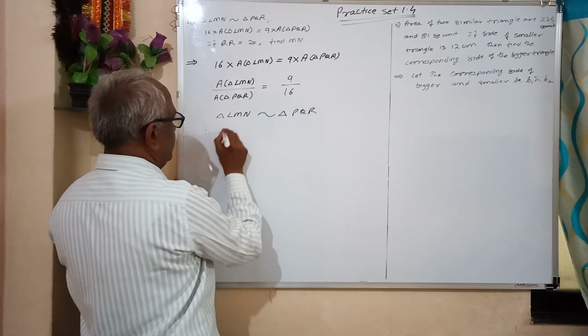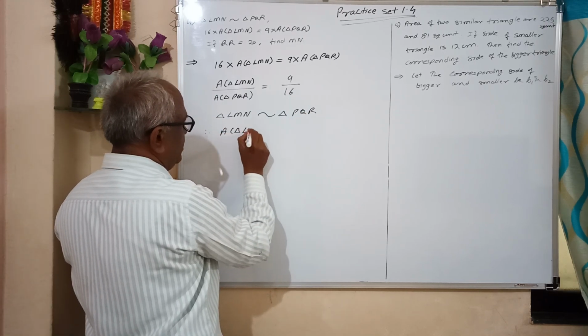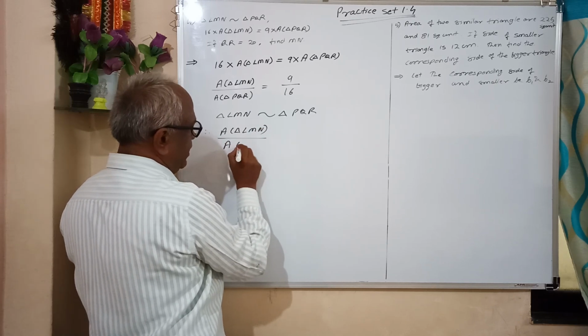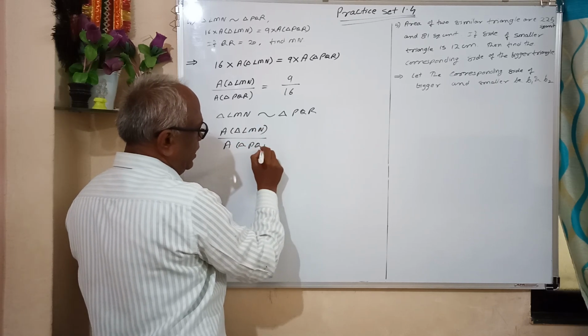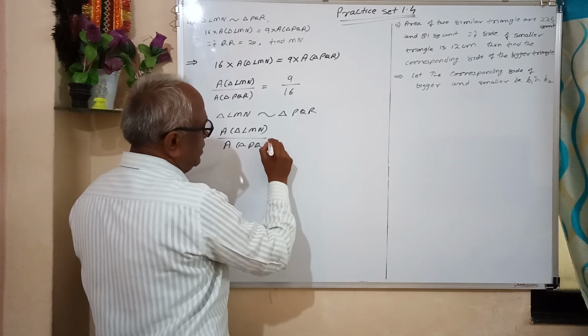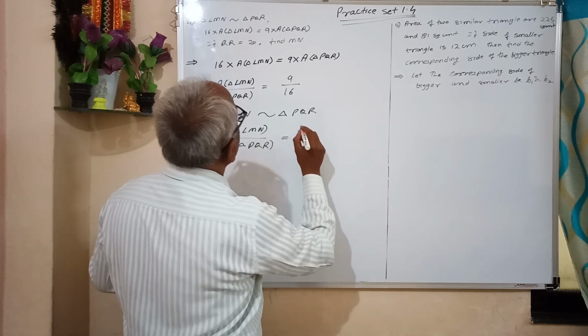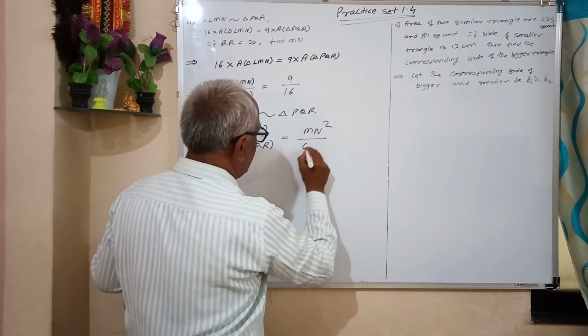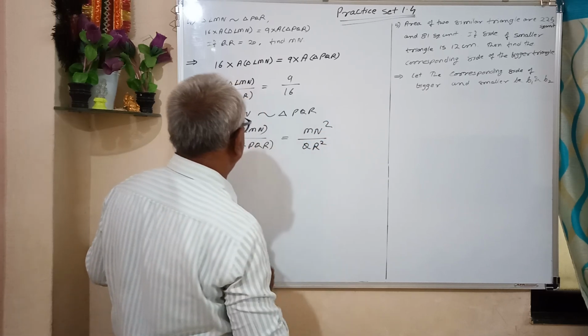Therefore, area of triangle LMN upon area of triangle PQR is equal to MN square upon QR square.